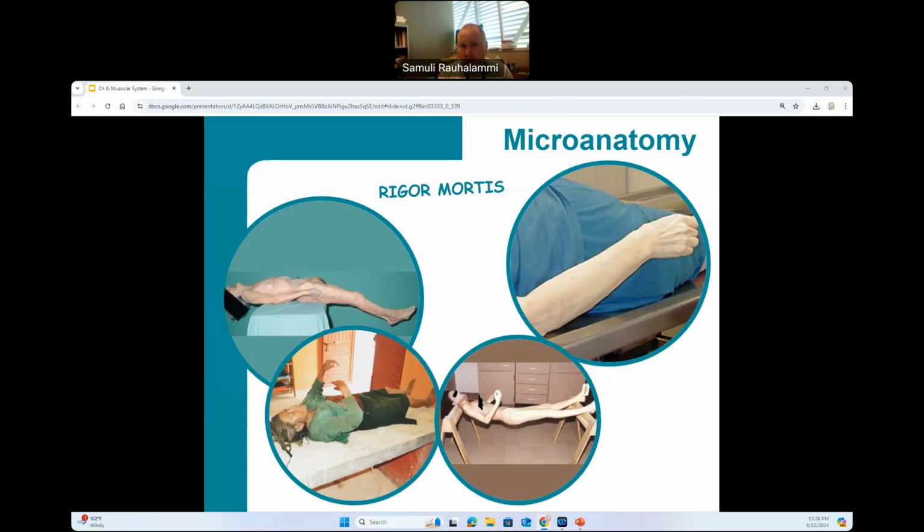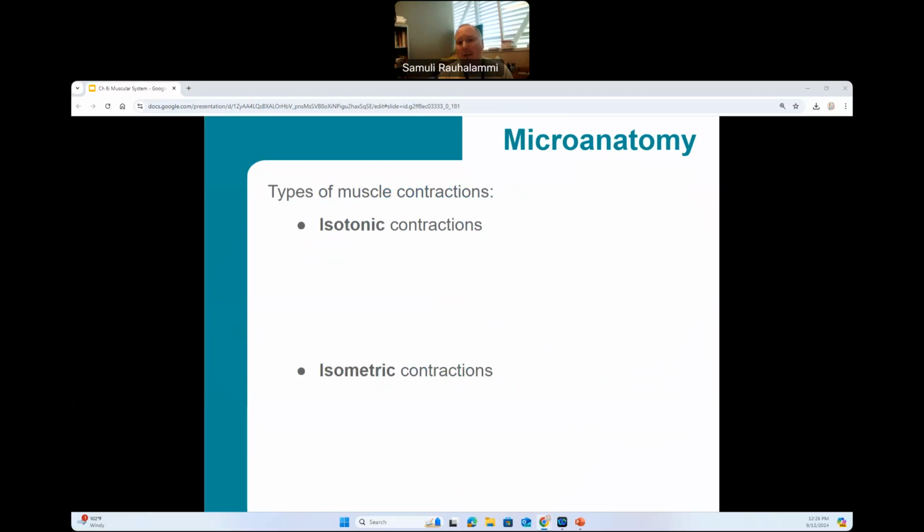So moving on from this, I do want to bring this microscopic anatomy back together with physiology, and let's look at a few different types of muscle contraction. The first one that I want to talk about is isotonic contraction, and then we're going to talk about isometric contraction.